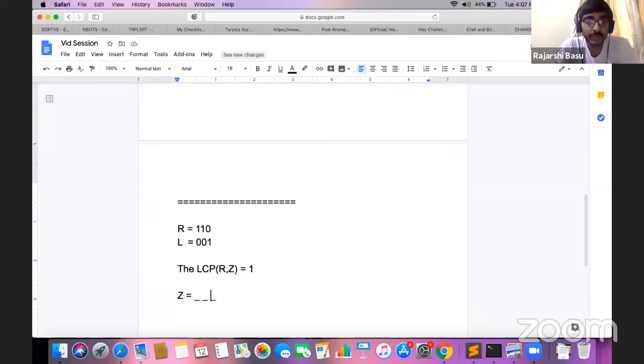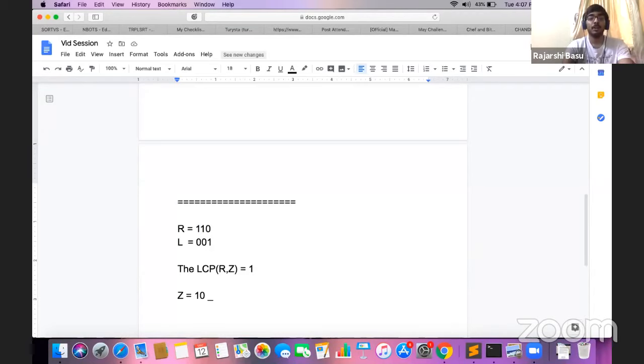So we again force some of the characters of Z, the first character of Z to be 1, and we force the next character of Z to be equal to 0. And whenever we do this, we effectively know that Z will always be greater than L.